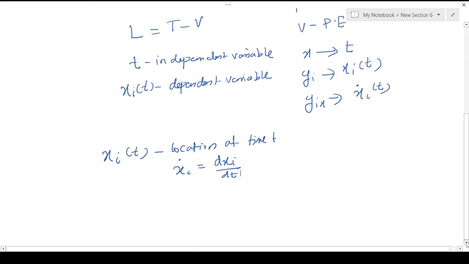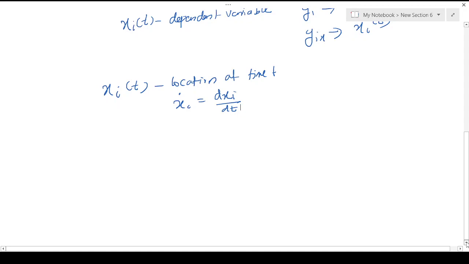That is the velocity of particle i as a function of time t.